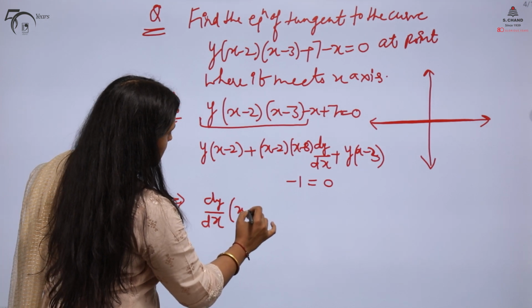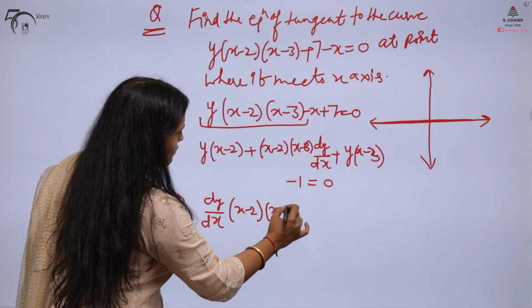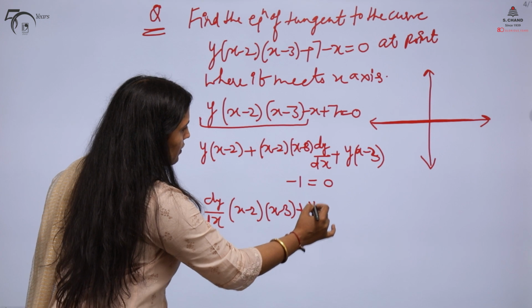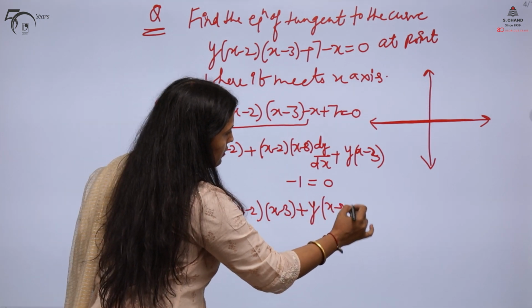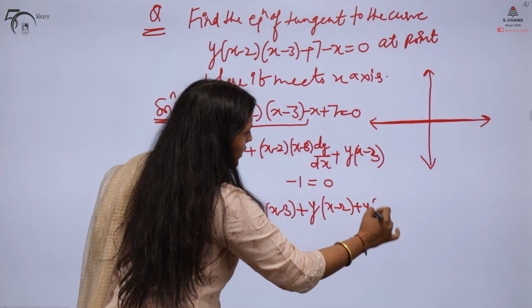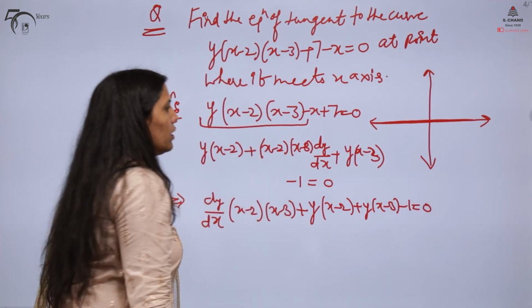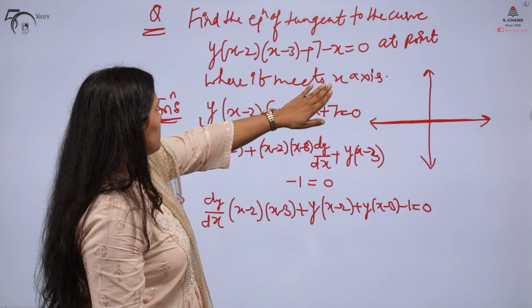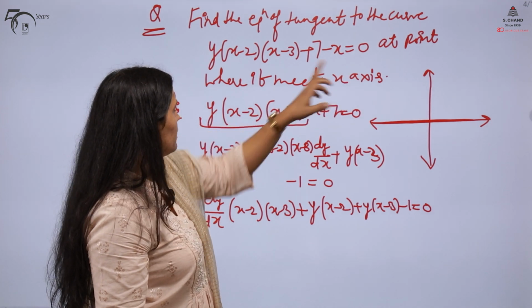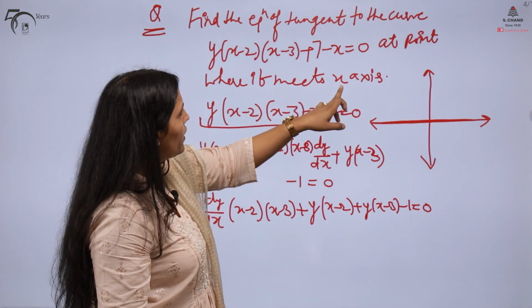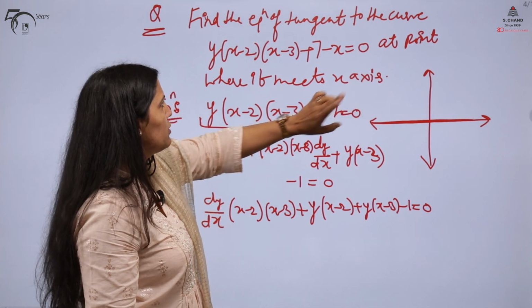So that expression is dy by dx times x minus 2 times x minus 3, plus y times x minus 2, plus y times x minus 3, minus 1 equal to 0. Now, as it is said in the question, we have to calculate where it is meeting the x axis. X axis means y is 0.